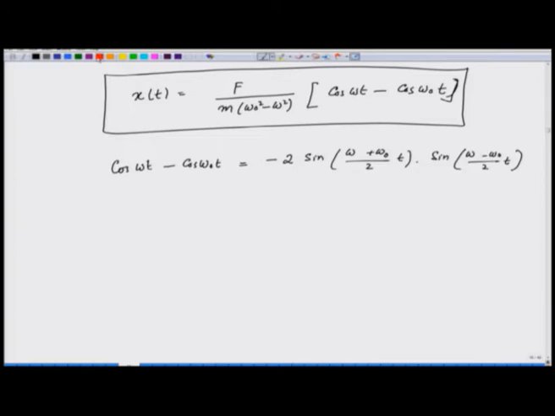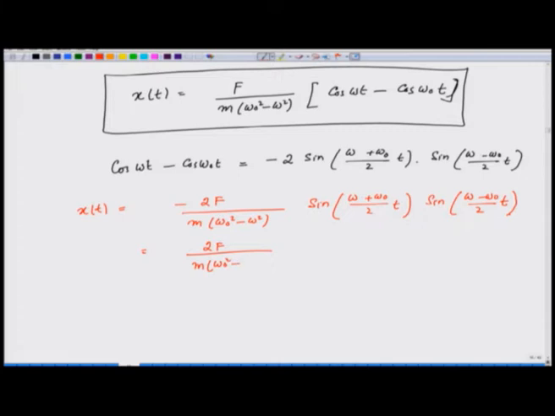So, x(t) is going to look like minus 2F over m (omega 0 square minus omega square) sine of (omega plus omega 0) over 2 t sine of (omega minus omega 0) over 2 t, which I can also write, absorbing the minus sign, as sine of (omega plus omega 0) over 2 t sine of (omega 0 minus omega) over 2 t. I am doing so because I am now going to assume omega 0 is greater than omega.